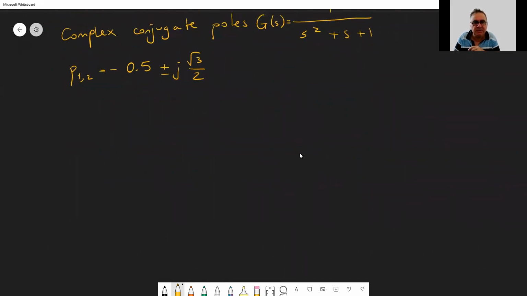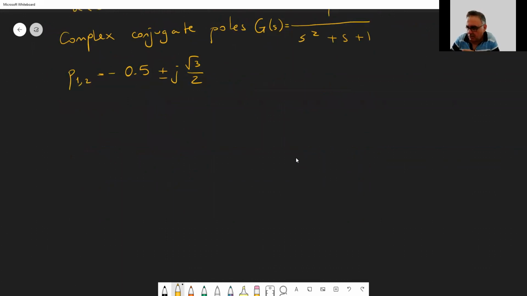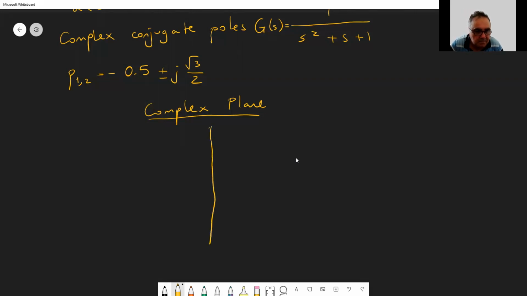We can represent these poles on the complex plane like this one. The complex plane is the following plane, where you have the imaginary axis as the y-axis, and the real axis as the x-axis.